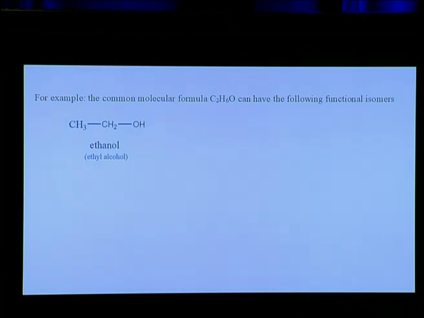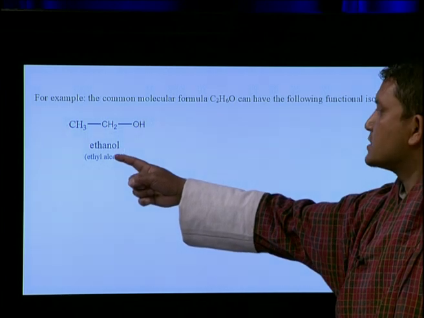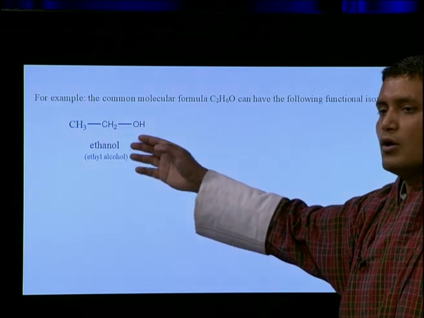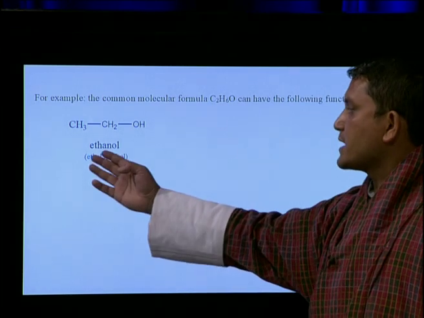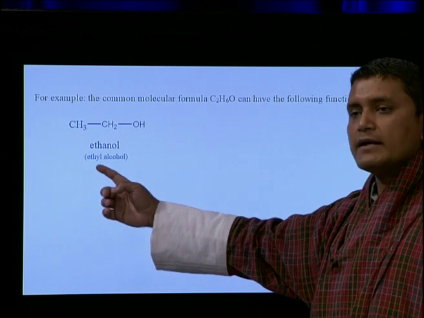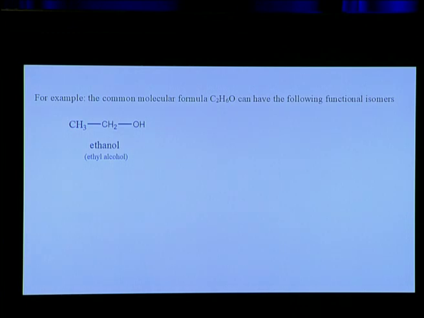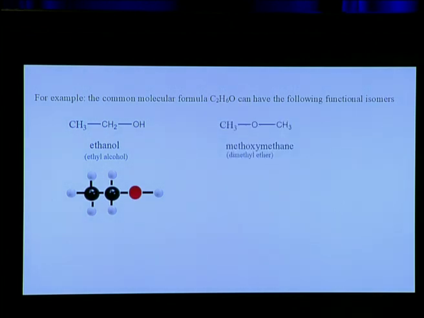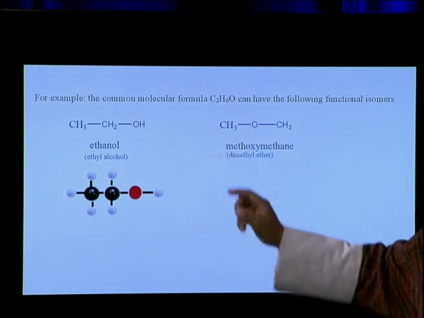In the first one, from this molecular formula, we can draw a compound which is CH3CH2OH, which is an alcohol. It is known as ethanol or ethyl alcohol. This is the IUPAC name and this is the common name. Now, from the same molecular formula, we can also have another group of compounds with a different functional group, which is the ether. Again we have the same number of oxygen, hydrogen, and carbon atoms.